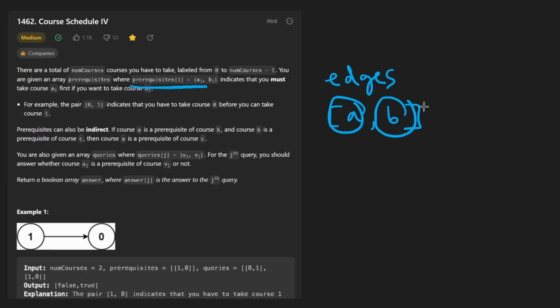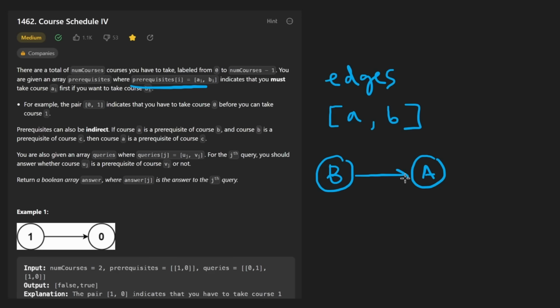It's going to be our job to decide how we want to represent the graph using these edges, but I'll just tell you right now, we're going to represent it by saying B is the course and A is the prerequisite, then there's going to be an edge from B to A. We could do it the other way, but I'm not going to choose to do that. I think it's more simple to do it this way. So for B, A is its prerequisite because there's an edge going from B to A.